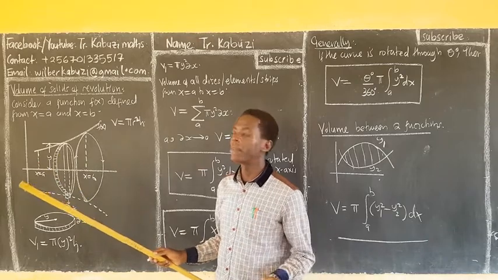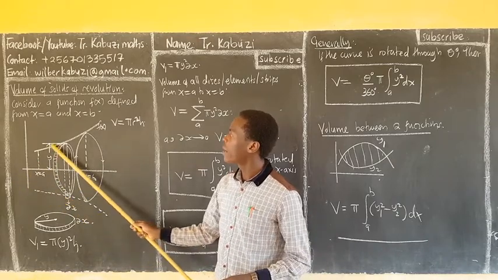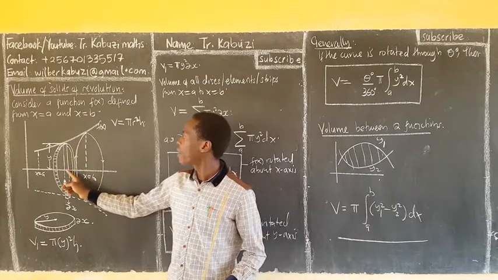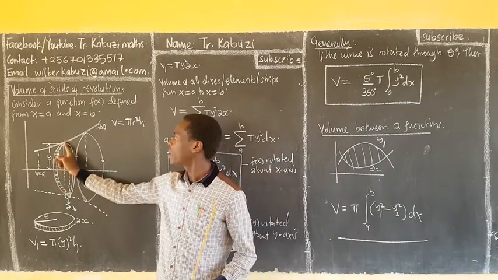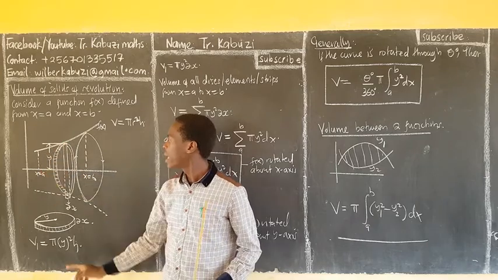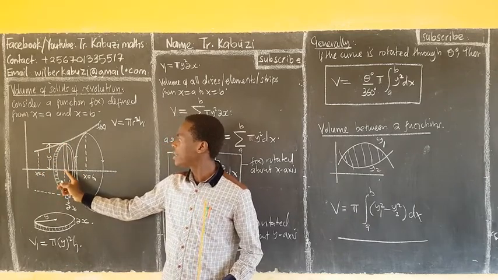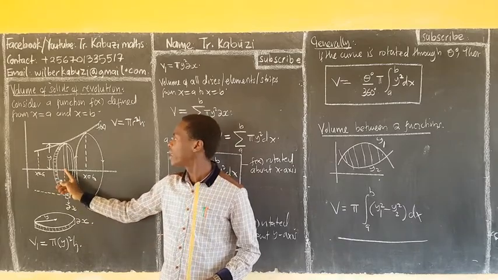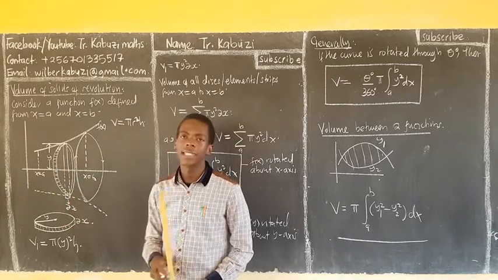If the height of one strip up to this curve is y, they are very small rectangular strips with width delta x.